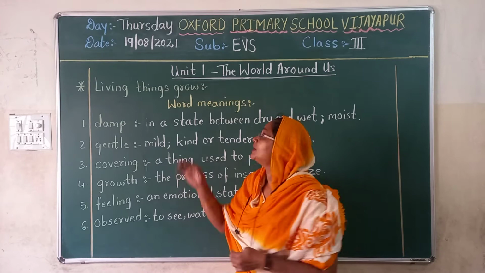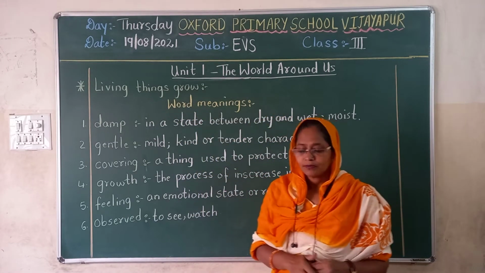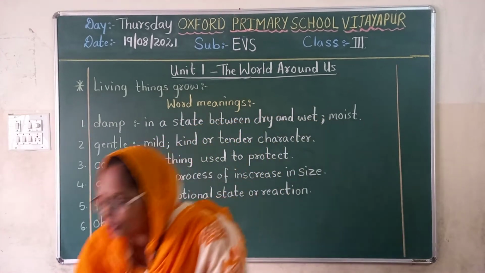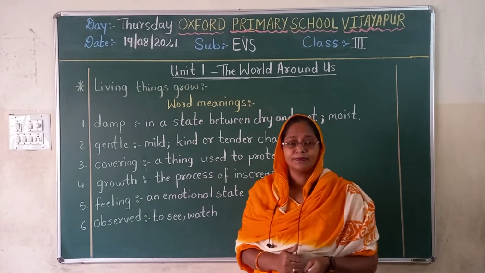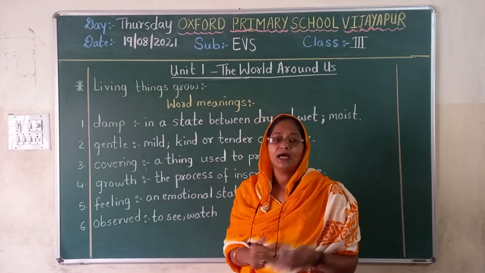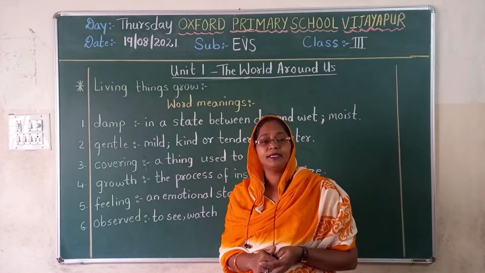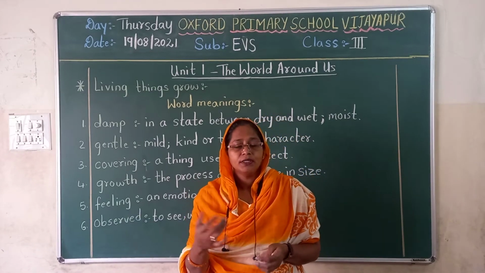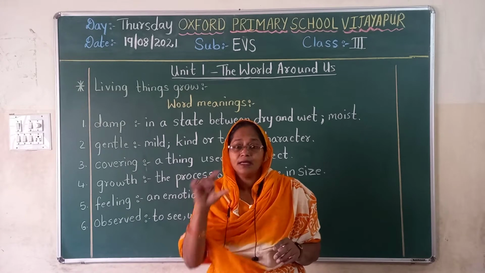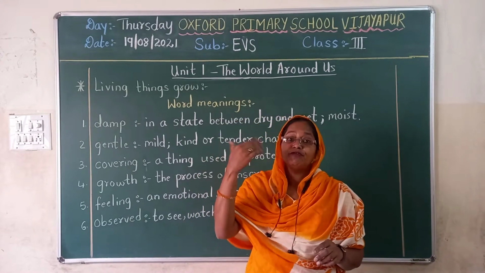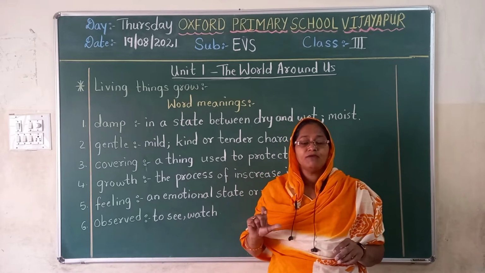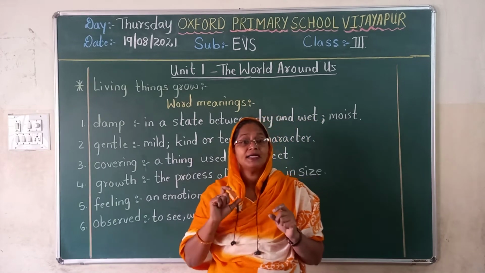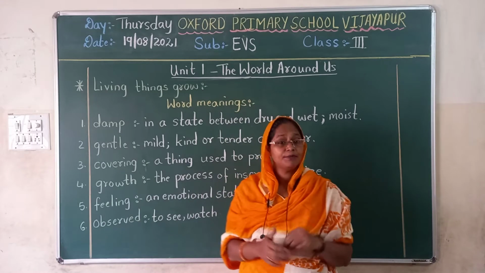Now come to the next one, living things grow. For this, children, you have to do an activity. In yesterday's class, I sent an activity about two plants, A and B. Before and after a few days, what is the condition of plant A and plant B?